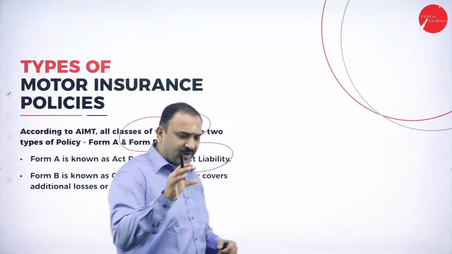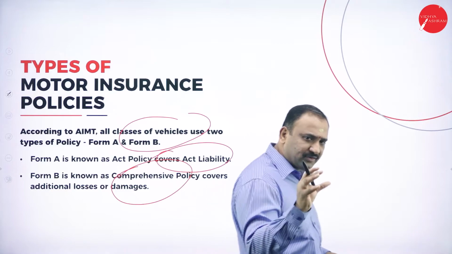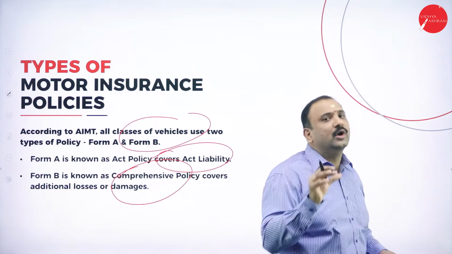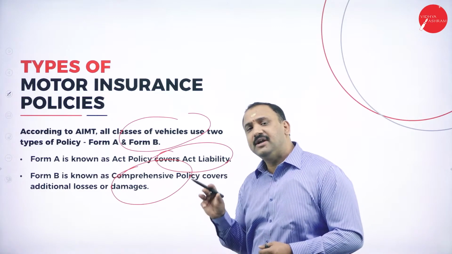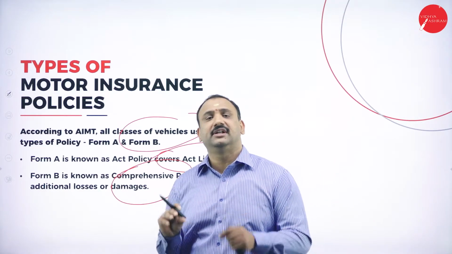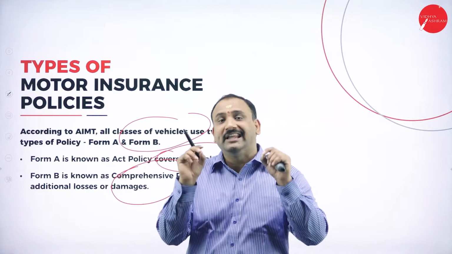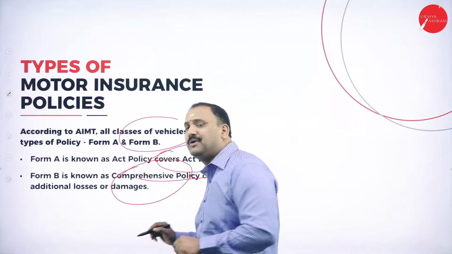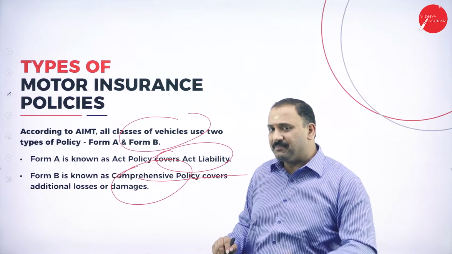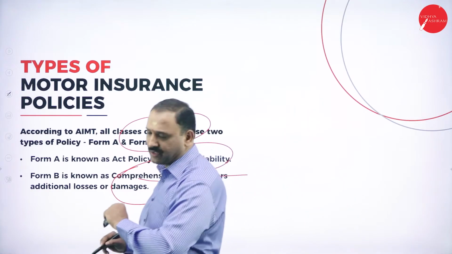So what we are trying to understand is that we are going for a Form B, which is even more comprehensive in nature, and which means that a comprehensive policy will give you a better mileage, a better coverage altogether.